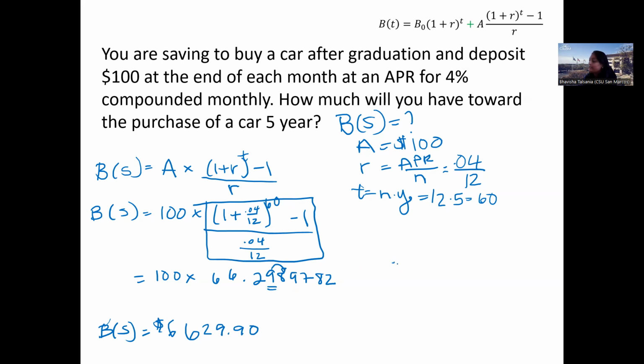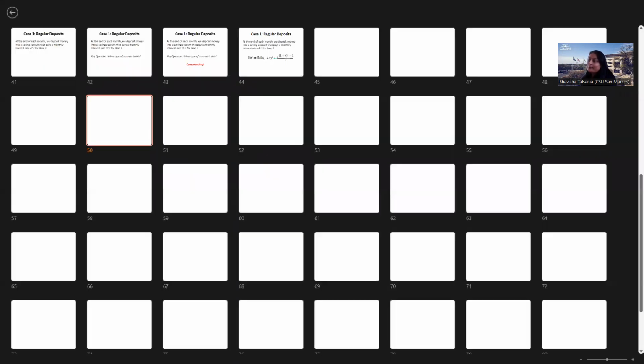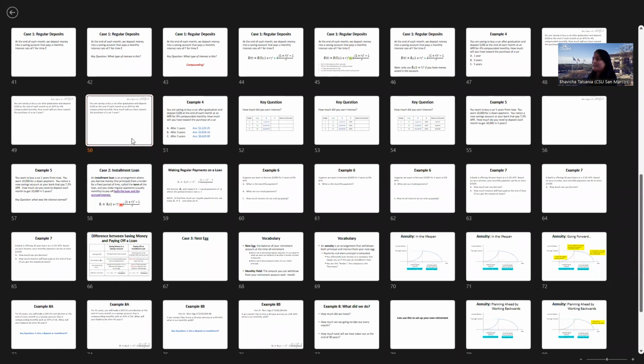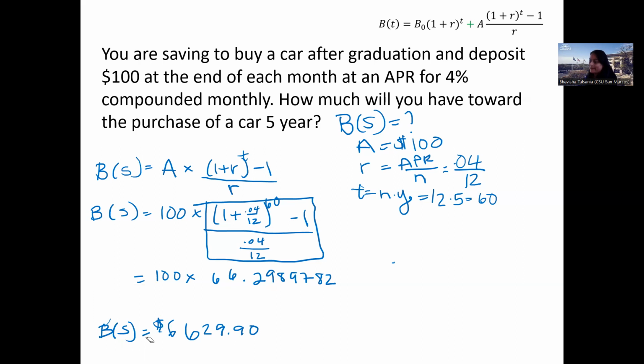Oh yeah, I'm sorry, I got lost in the sauce. All right, I know where I messed up. I forgot to multiply by 100. So go back to this guy. We're going to multiply by 100.